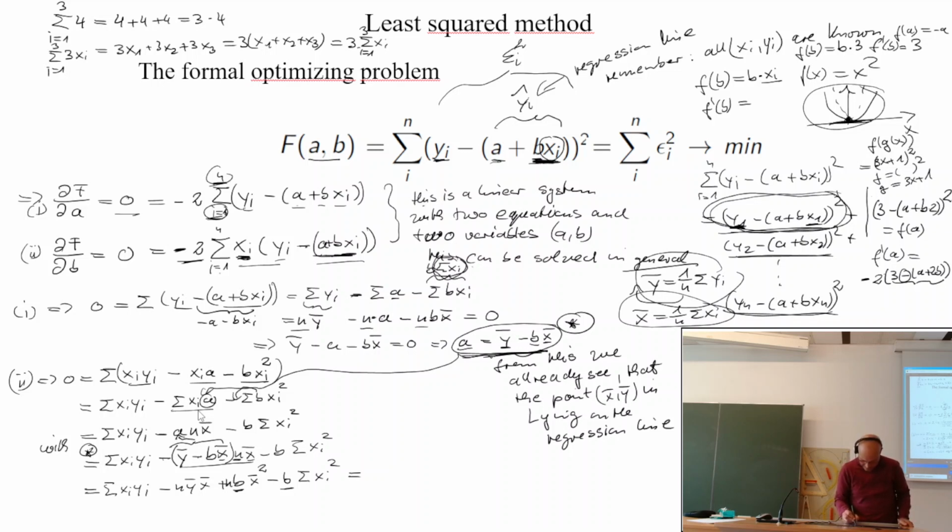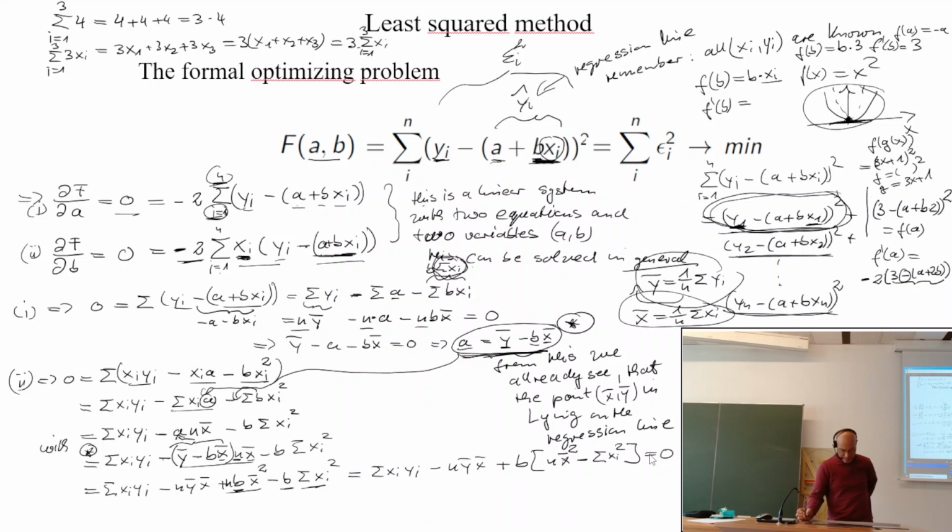So we obtain sum over x_i y_i minus n times y bar x bar plus b times, from the first one, n times x bar squared minus sum over x_i squared. And this should be still equal to 0.